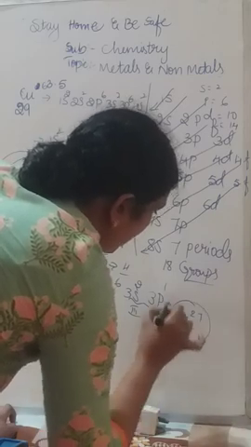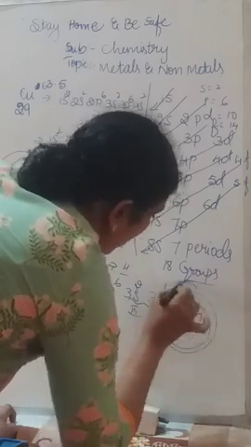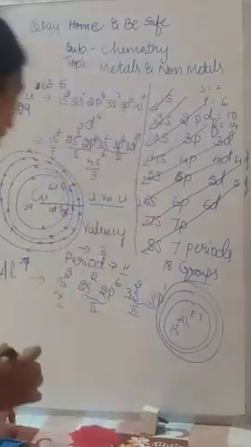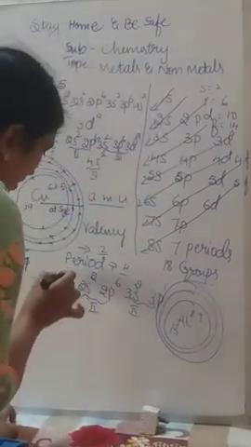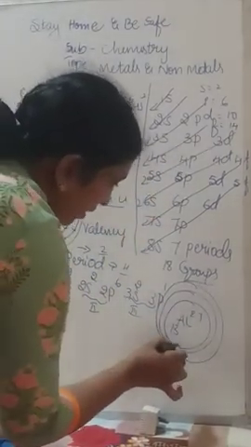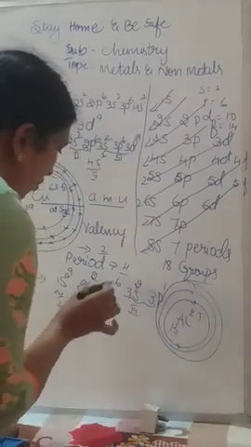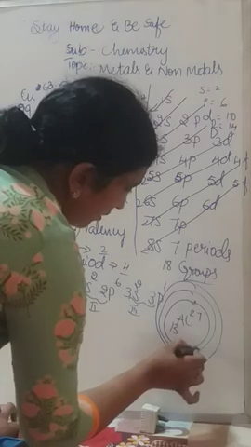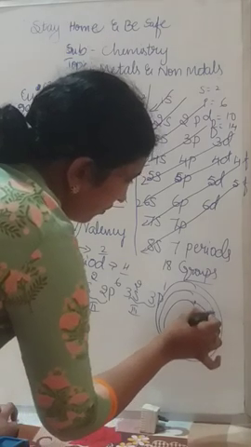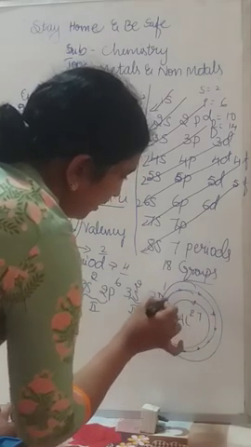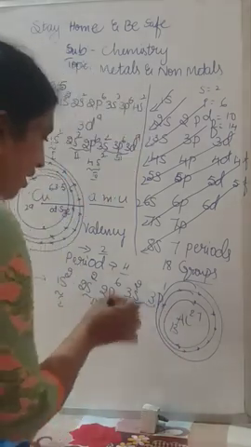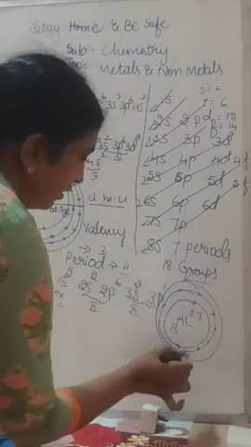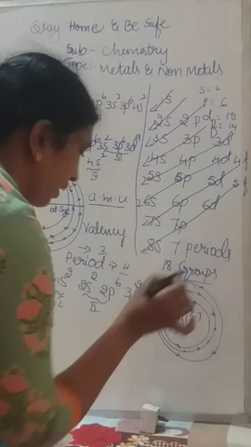How many orbits? 1, 2, and the last one is 3. In the first orbit, how many electrons are there? Only 2 electrons. In the second orbit, 6 plus 2, 8 electrons. And in the third orbit, 3 electrons: 1, 2, next one is 3.